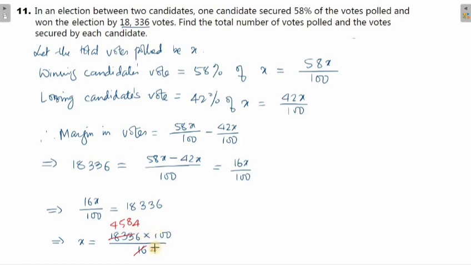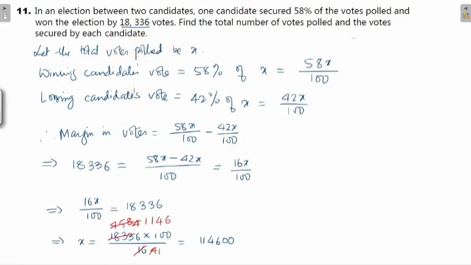Again with 4, 4 1s are 4, 4 1s are 4, 4 1s are 4, carried over 1, 18, so 4 4s are 16, carried over 2, so 4 6s are 24. So we get 1146 into 100, which turns out to be exactly 114600. So this is the value of x, which is the total number of votes polled.